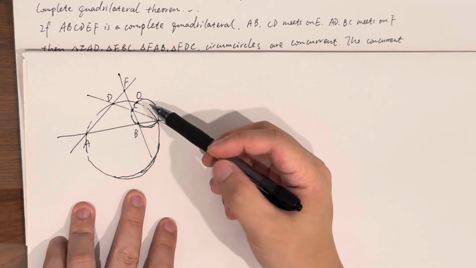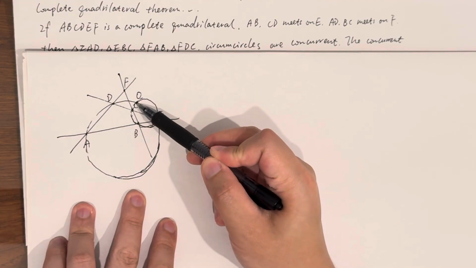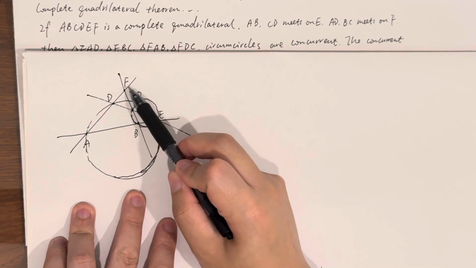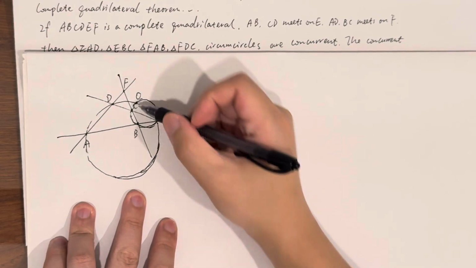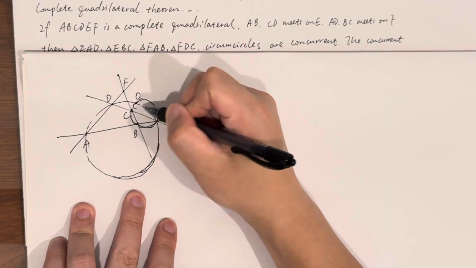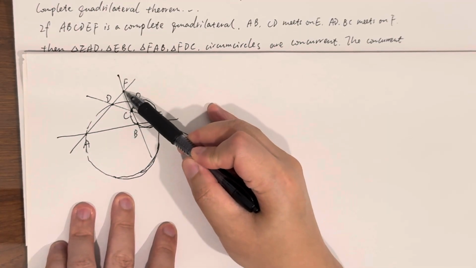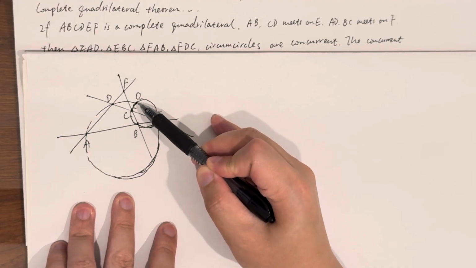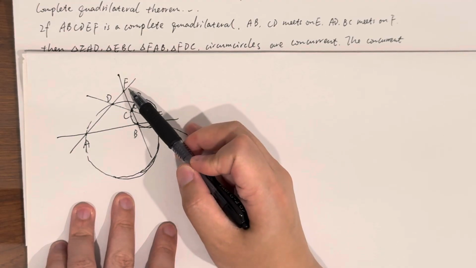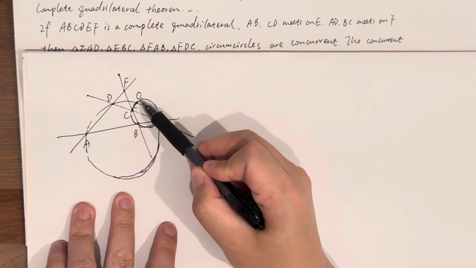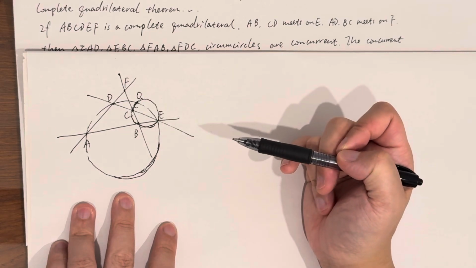Basically, we want to prove that this point O, combined with triangle FDC, so this point is C, right? I write it here. We want to prove that FDCO is a cyclic quadrilateral, and also that FABO is a cyclic quadrilateral.